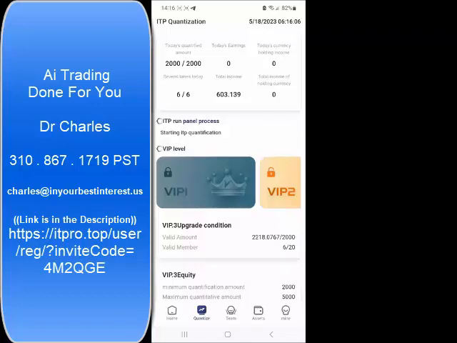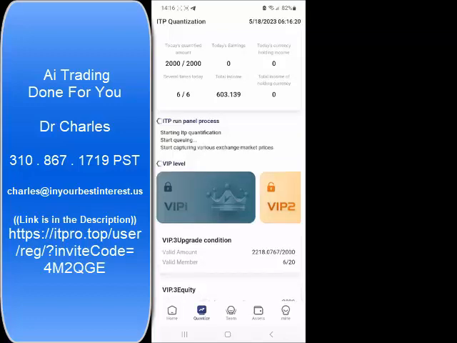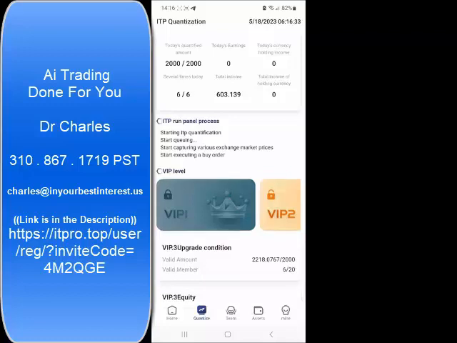I'll go into that in a bit more detail later. The artificial intelligence makes it a lot more efficient. So, started queuing. Right, start capturing various exchange market prices. So the AI is looking at various different exchanges around the world, which again, I'll go into in more detail in a minute.